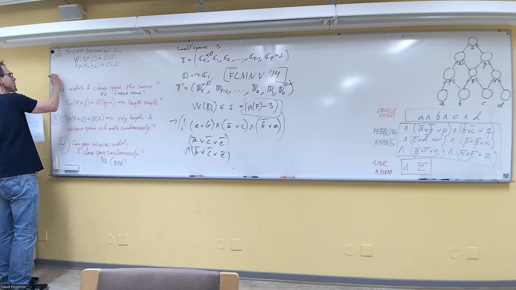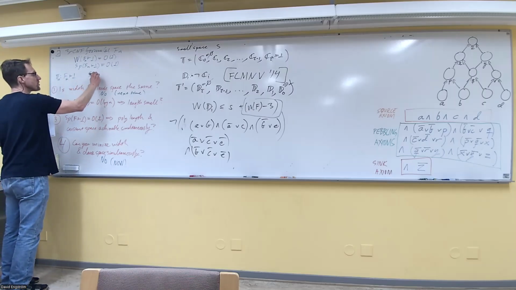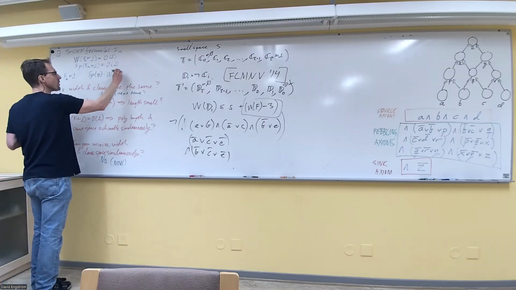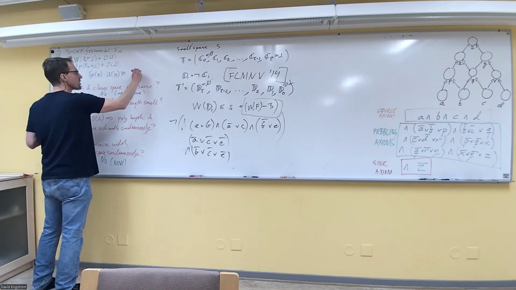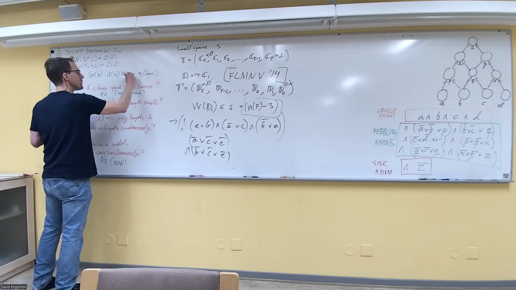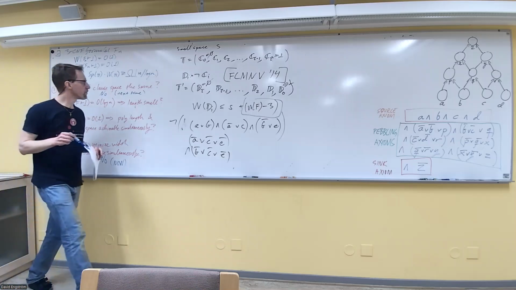But fix any refutation pi n of Fn. Then for that refutation, if you measure space times width, you're going to get n over log n, except for constant factors. Is the statement clear?